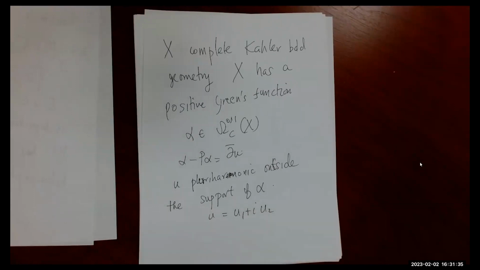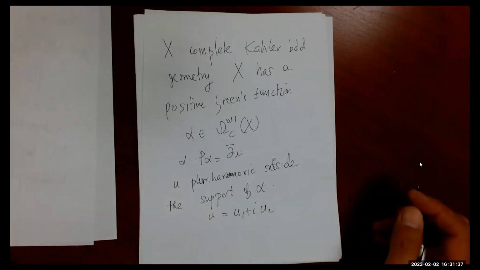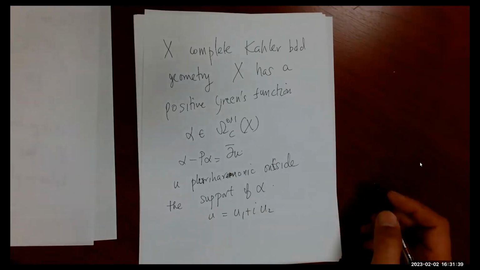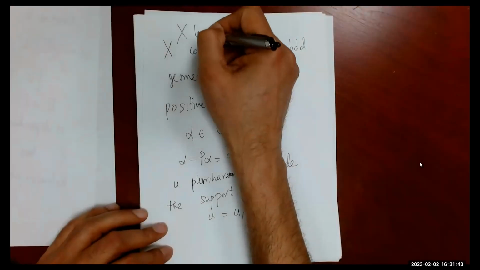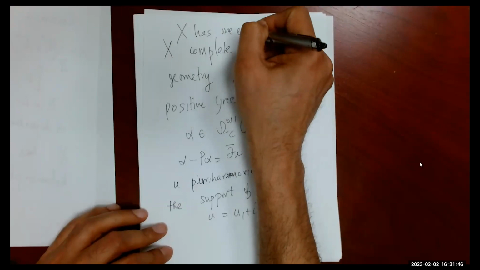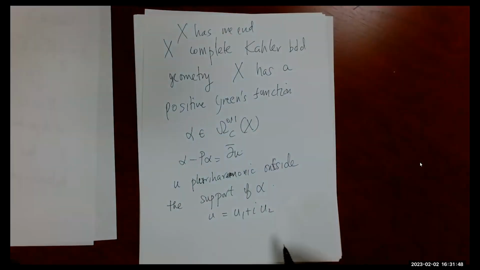Now what we can show is the following. Let's also assume for the moment X has one end, say. So what happens? You could have U1 and U2 be linearly dependent.